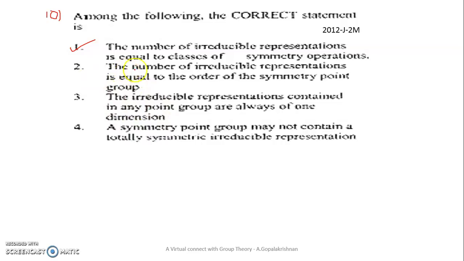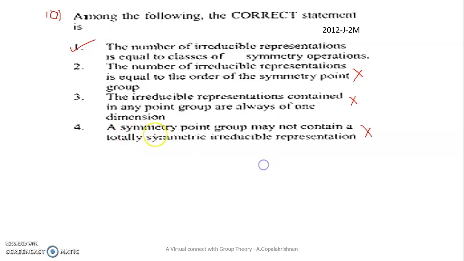The number of irreducible representations is equal to the order of the group. You know very well, the number of irreducible representations is equal to the number of classes in the group. So this statement is wrong. Then, the irreducible representations contained in any point group are always one dimension. No, the irreducible representation may be one dimension, two dimension or three dimension. So this statement is also wrong.